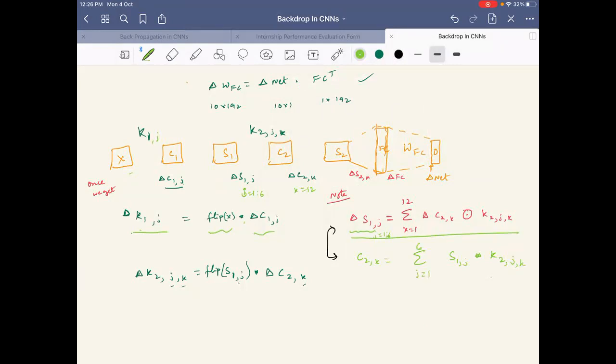All 6 maps add up to give each of the 12 maps here in the forward pass. This is the forward pass and this is the backward pass.